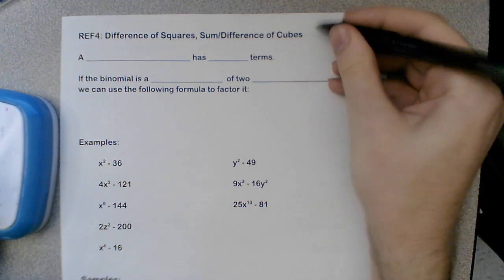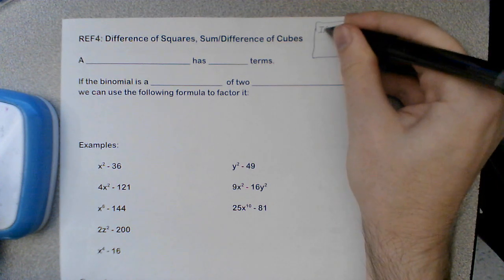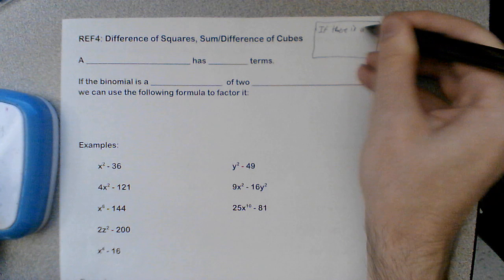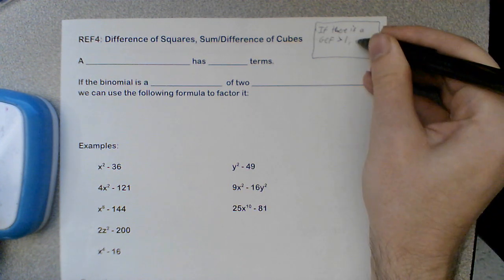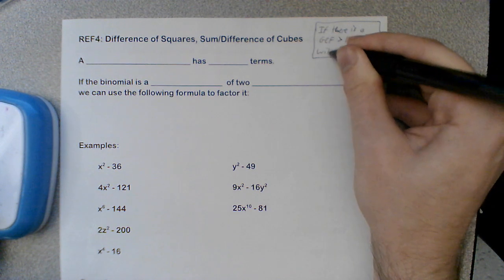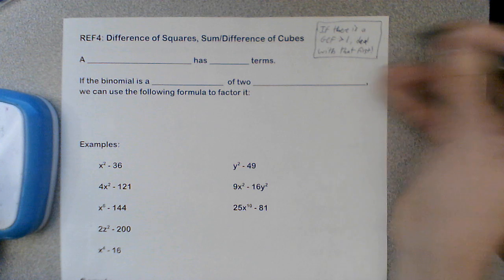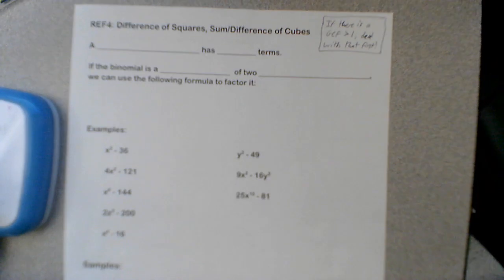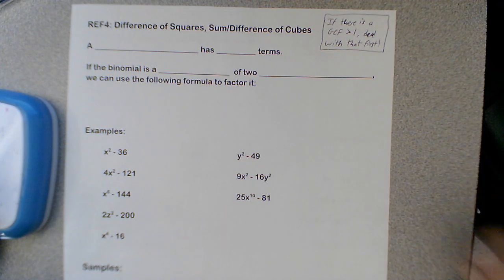So I want you to write up in the corner, if there is a GCF greater than 1, deal with that first. So the first thing that you should check for in any factoring problem is whether there is a greatest common factor greater than 1 and any common variables associated with it.